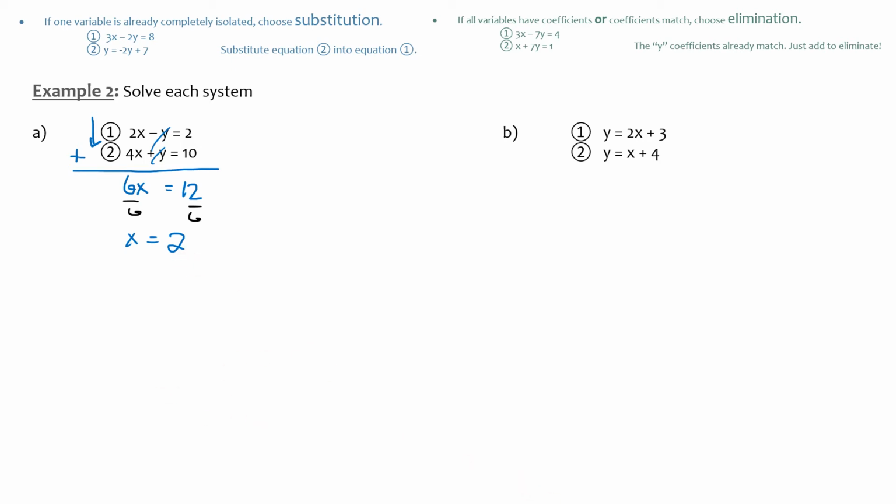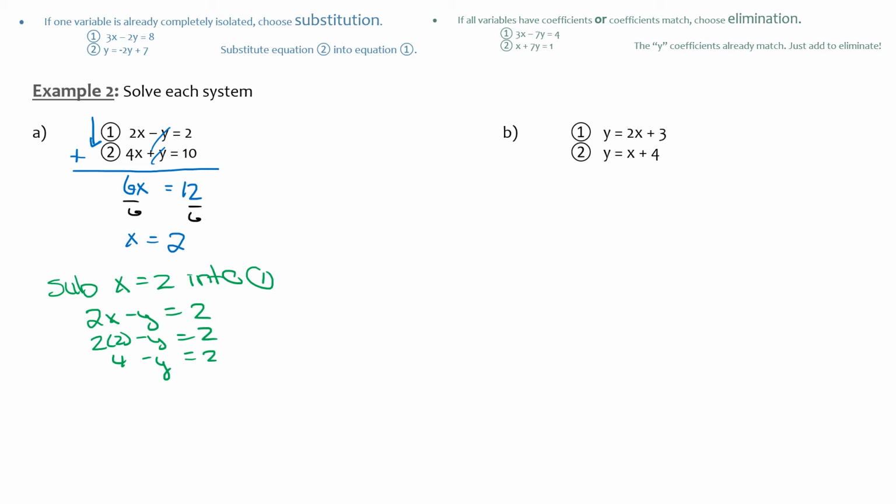So we're going to sub x equals 2 into which one? Let's sub it into equation 1. Equation 1 was 2x minus y equals 2. So my x is a 2. That gives me 4 minus y equals 2.